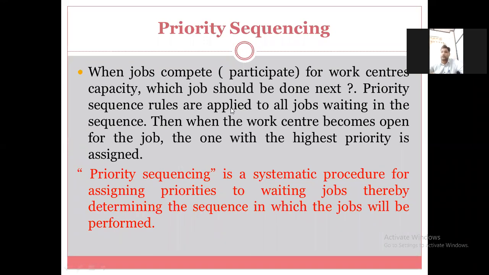In that, you can write the first point: when jobs compete (participate) for work centers capacity, which job should be done next?